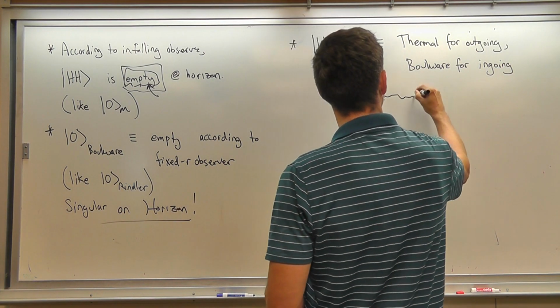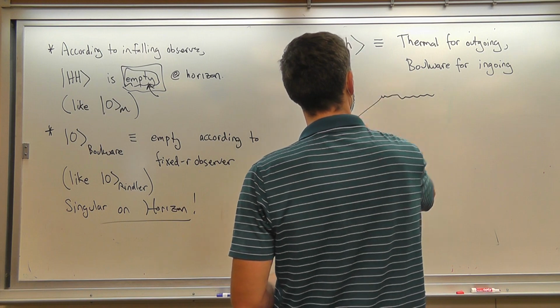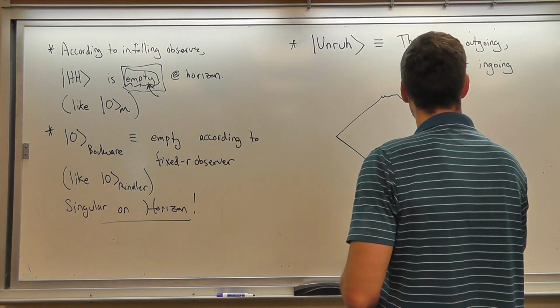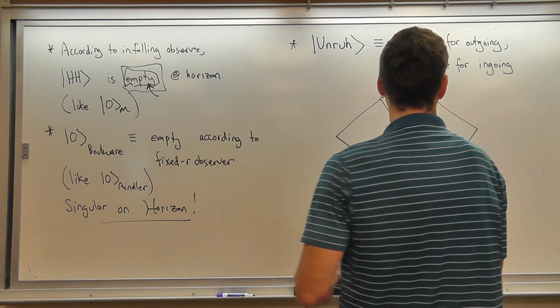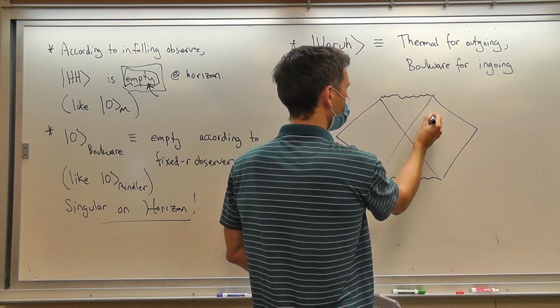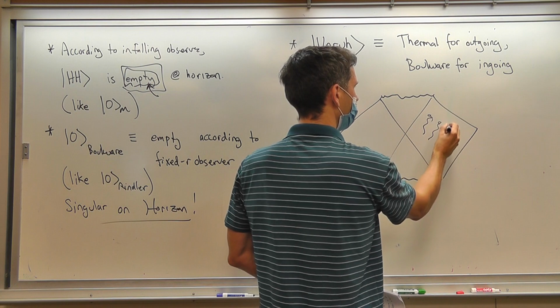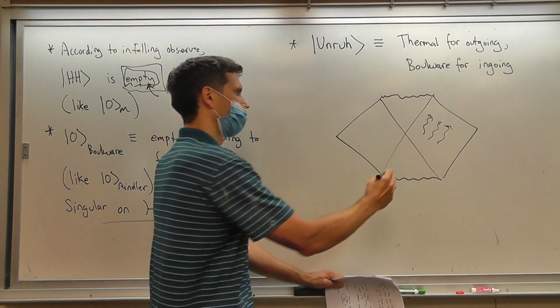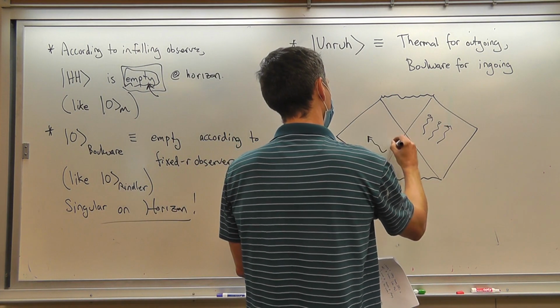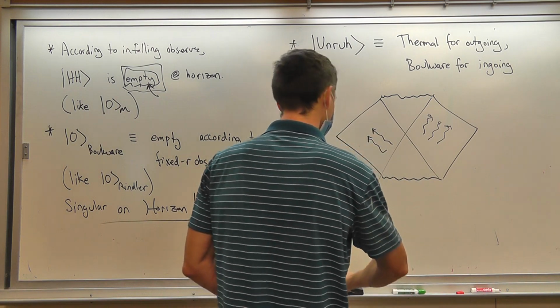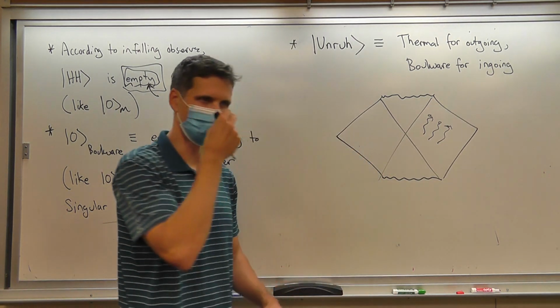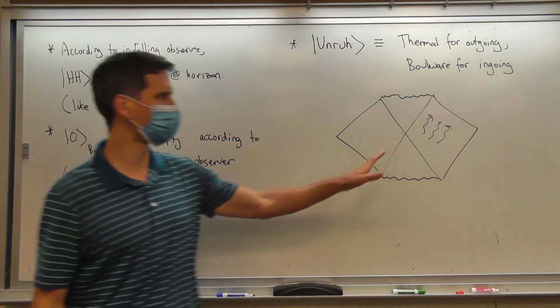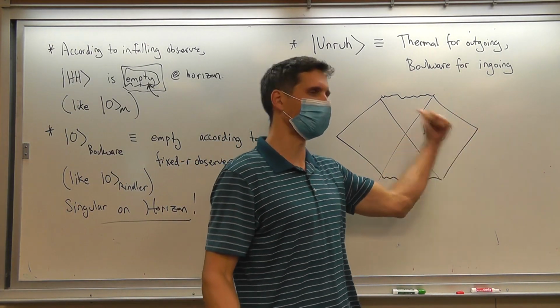So if I draw what this state looks like in the black hole, this has radiation coming out of the black hole on both sides. Actually, let's not talk about the other side. There are choices we'd have to make there. Okay, there's radiation coming out of the black hole, but there's nothing falling in.